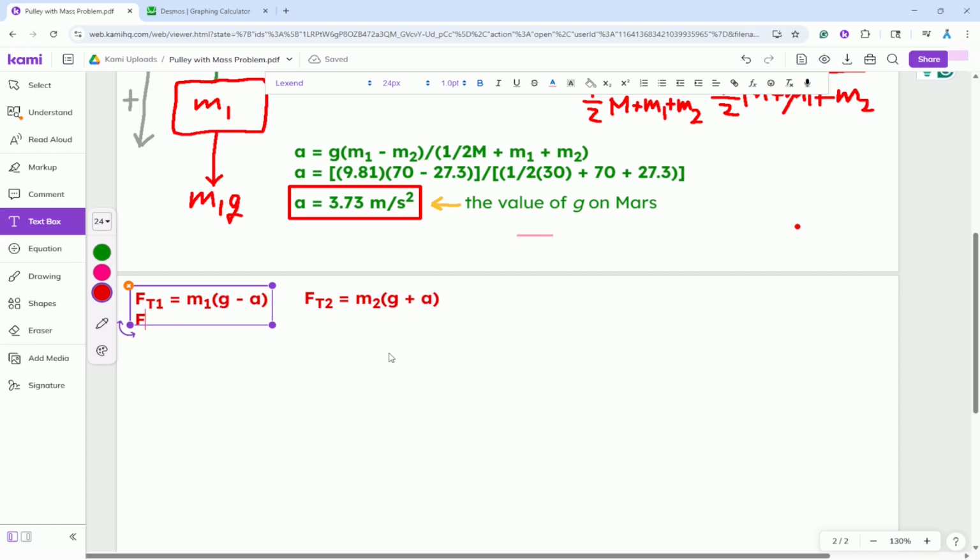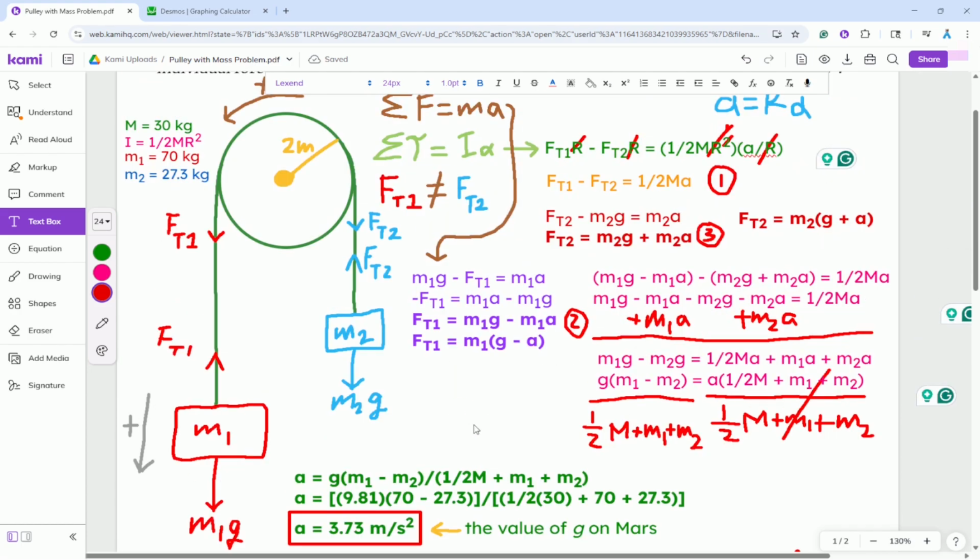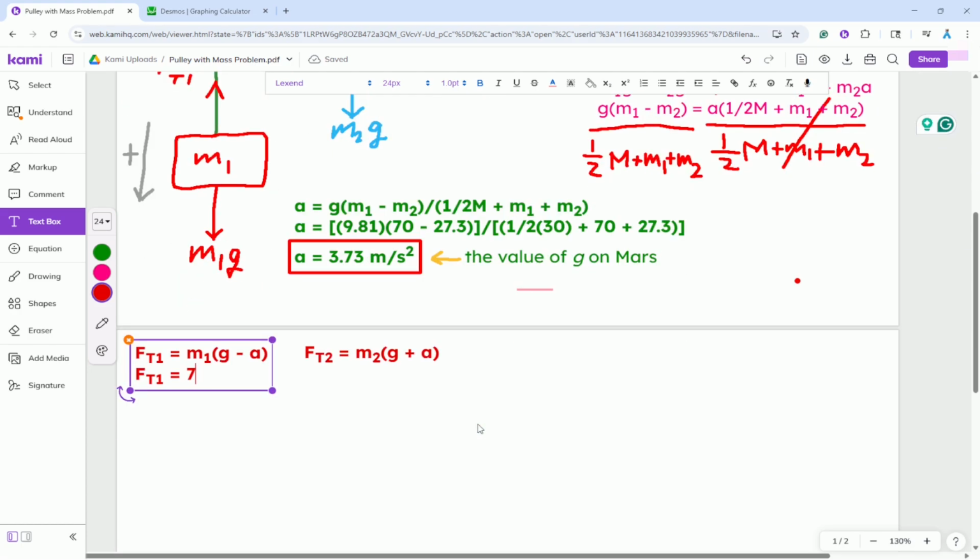FT1 is equal to m1. What is m1? m1, if you remember, is 70 kilograms times 9.81 minus 3.73, which we solved for.